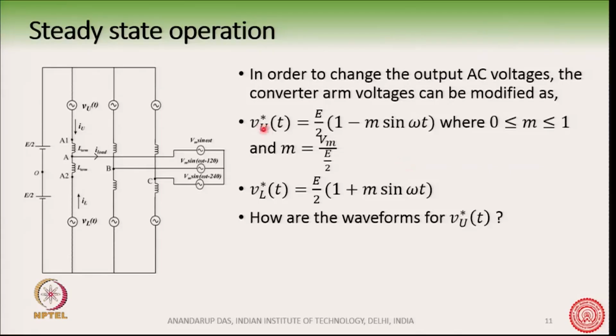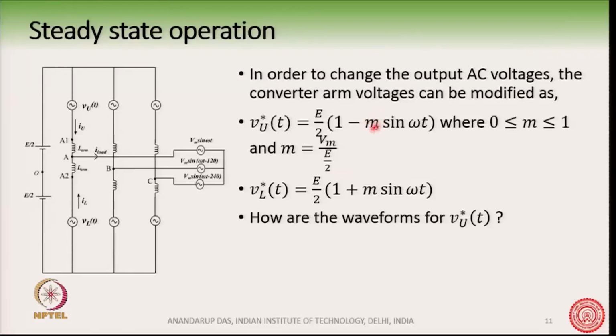And how do we do that? We say that the converter arm voltage, that is the control V u star which is given to this converter, is E by 2 times 1 minus m sin omega t, where m is defined as the modulation index and is given as V m by E by 2.